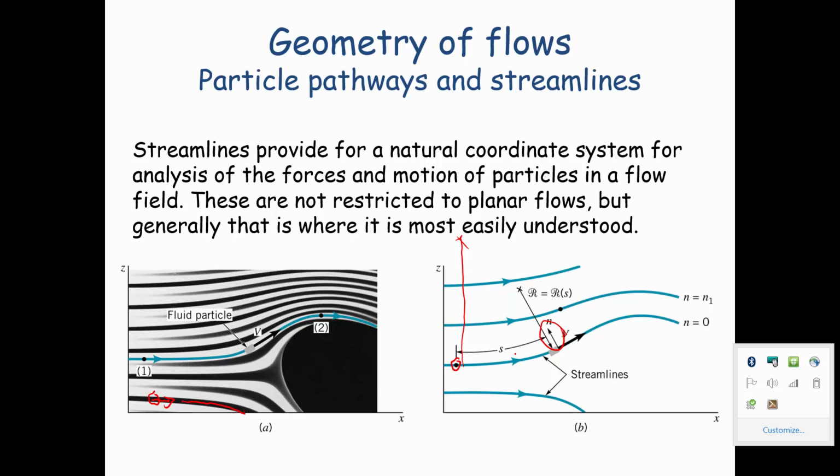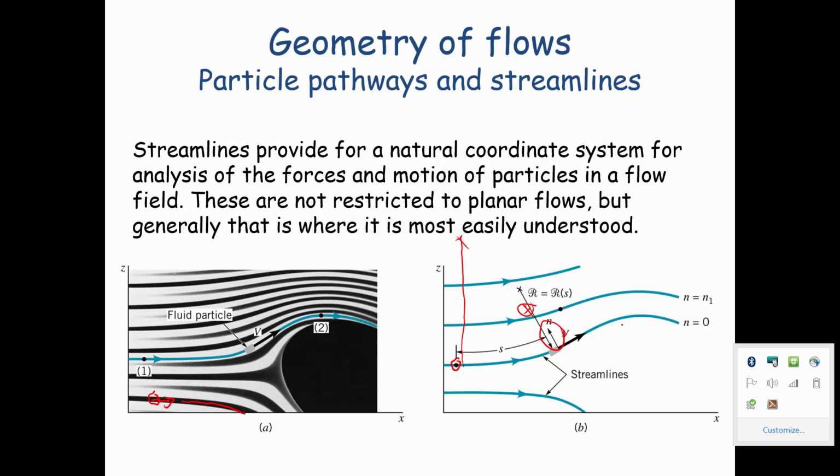As we pass from the left to the right, going along that streamline, the streamline here where you see the R being defined, at that point the streamline is somewhat curved, and so the radius of curvature is finite as shown.